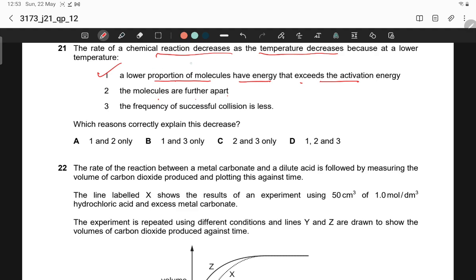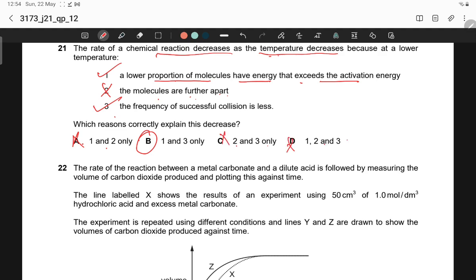No, molecules are not further apart because at lower temperature molecules are closer up. So this is incorrect. The frequency of successful collisions is less. So by decreasing temperature, collisions of molecules become less. So this is correct. 1 and 3 are correct, so option B is correct. 1 and 2 is incorrect. 2 and 3 is also incorrect.